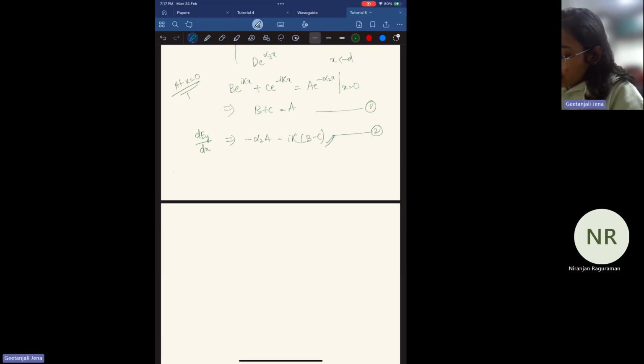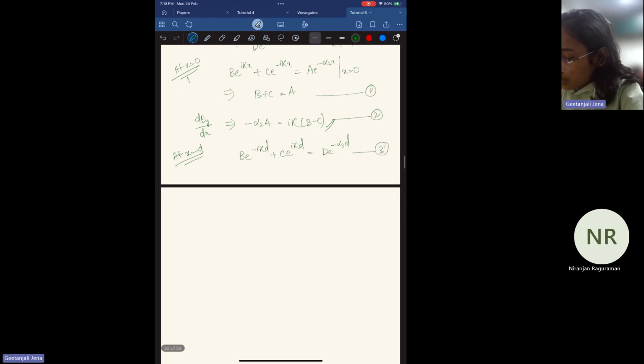The other boundary is at x equal to minus d. Same thing, we have to equate the field values as well as the derivative. If you put it in, you will get b e to the power minus i kappa d plus c e to the power i kappa d equal to d e to the power minus alpha 3 d. That is equation 3.